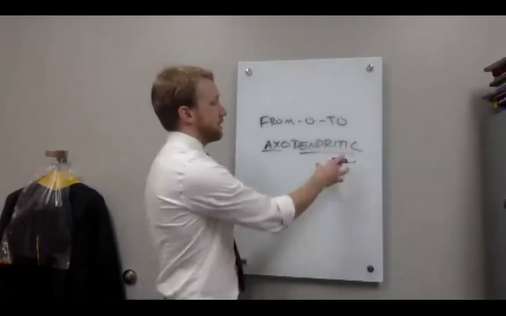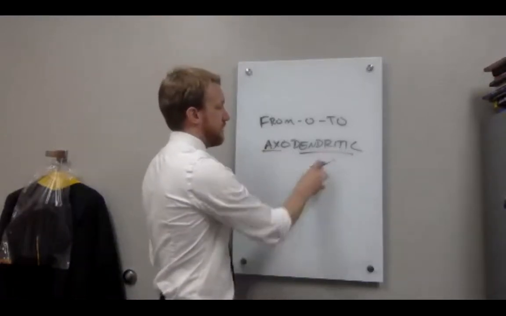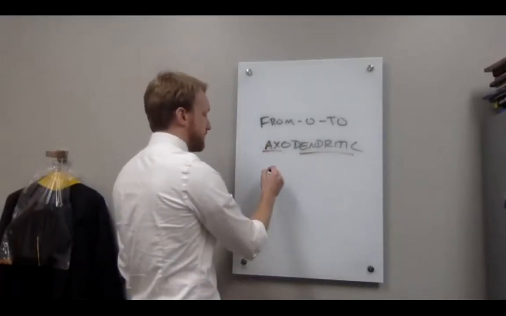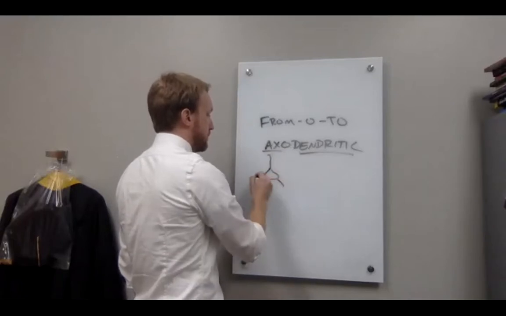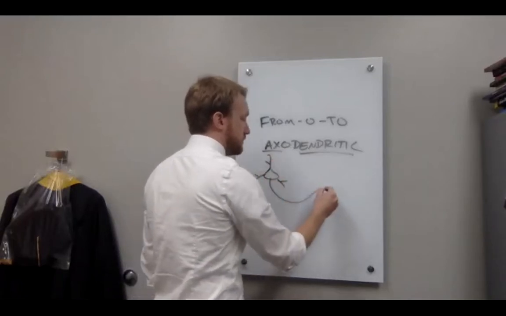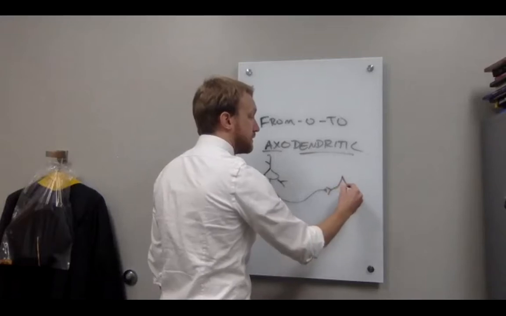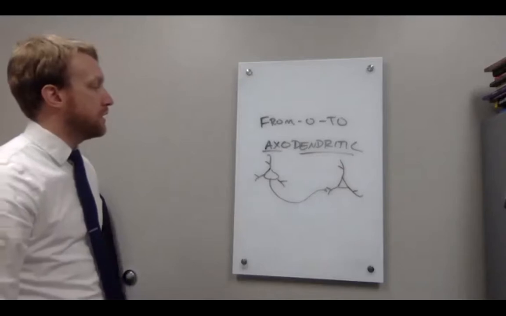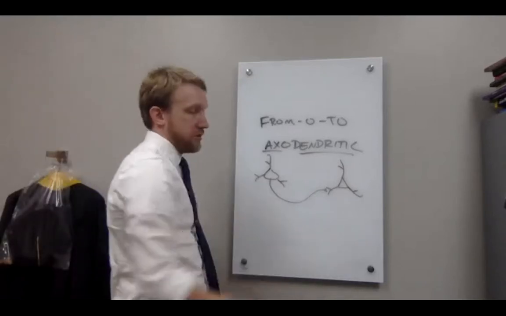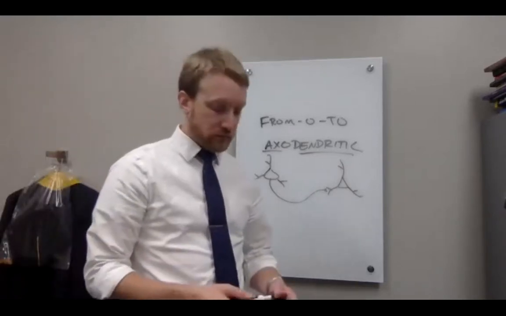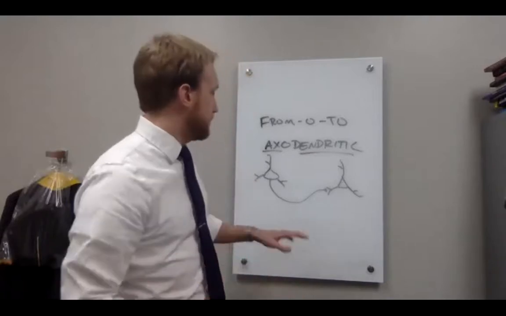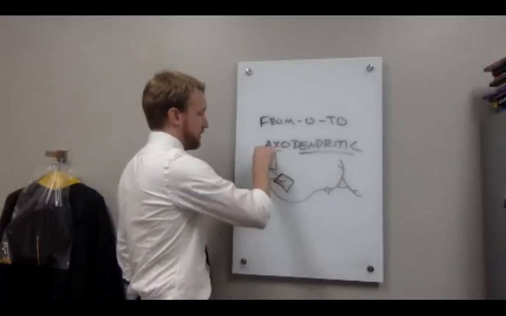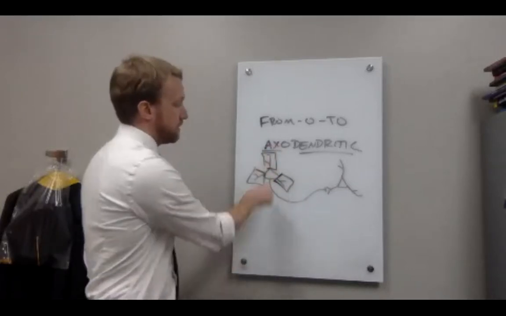Of course, there are retrograde messengers that can allow back communication, but the typical flow of information is going to be from the neuron's axon to the dendrites of its postsynaptic partner. And this just has to do with the surface area. Most of the neuron's receptive surface area is going to be on the dendrites, just because they have a whole lot more surface area than the cell body.